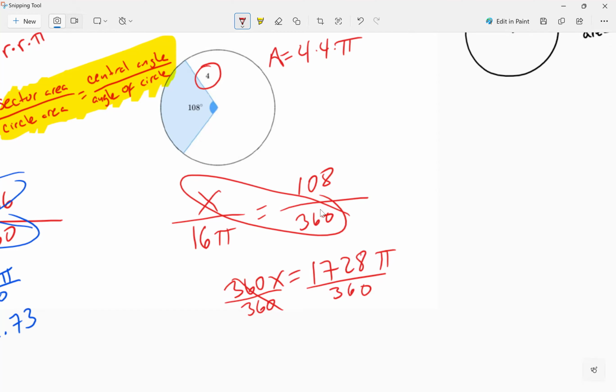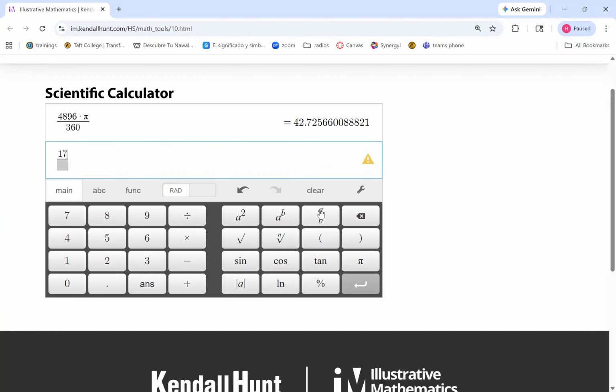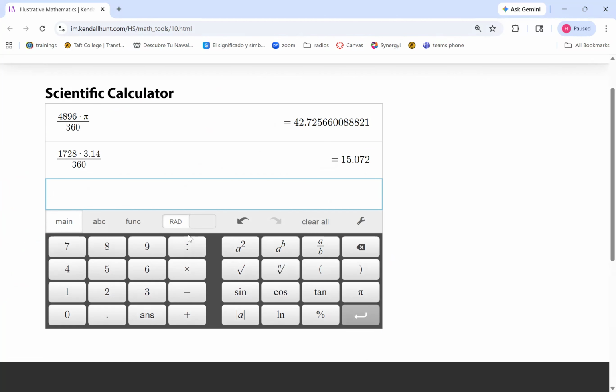But this time I'm going to use pi as 3.14. Again, I want you guys to use either the pi symbol or 3.14. Intentionally, I use one of each. My answer here is 15.07, rounded to 2 decimal places.